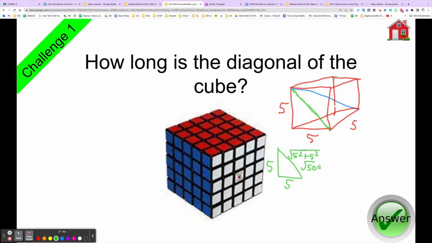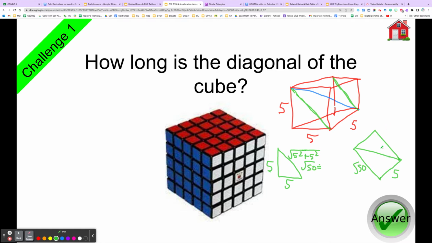Notice that this diagonal right here, if I draw this diagonal, can you imagine this green face here? I'm going to draw it like so. That guy right here is that blue line right there. So this piece right here is root 50, and this distance right here is 5, and we're trying to find that diagonal.